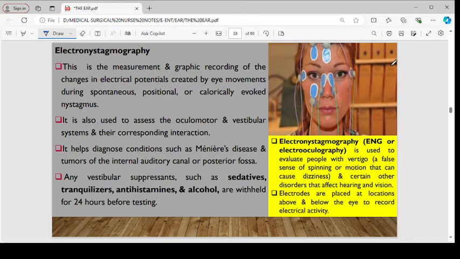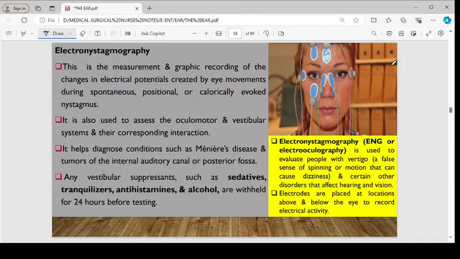We also have electronystagmography, and this is a measurement and graphic recording of changes in electrical potential created by the eye movements during spontaneous, positional, or calorically evoked nystagmus. It is used to assess oculomotor and vestibular systems and their corresponding interaction. This test normally helps diagnose conditions such as Meniere's disease and tumors of the internal auditory canal or posterior fossa.